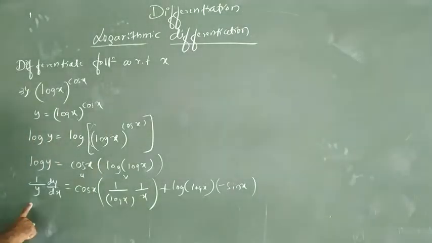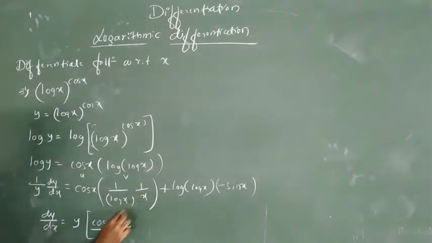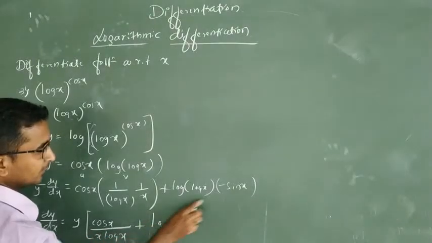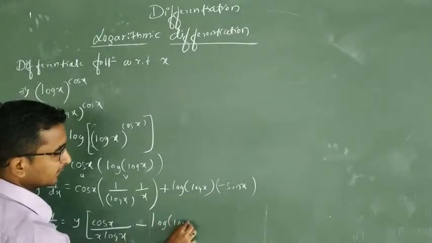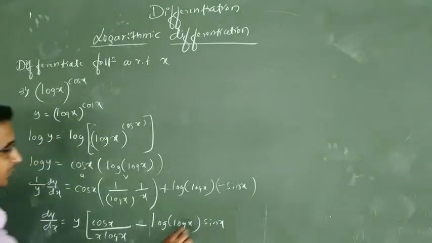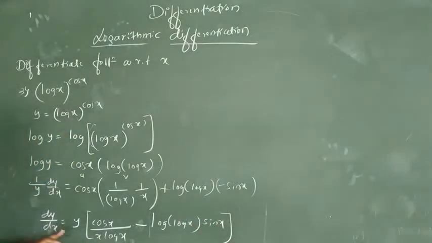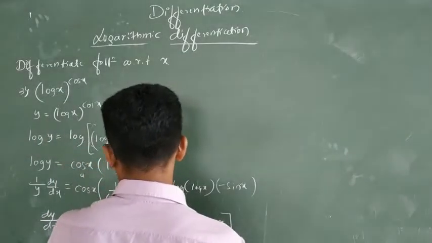Next, take that y to the RHS. Then dy by dx is y times cos x divided by x log of x plus, so plus into minus we can take here, minus log of log x into sin x. Got it? Okay. Then next, y is nothing but your log of x whole raised to cos x.